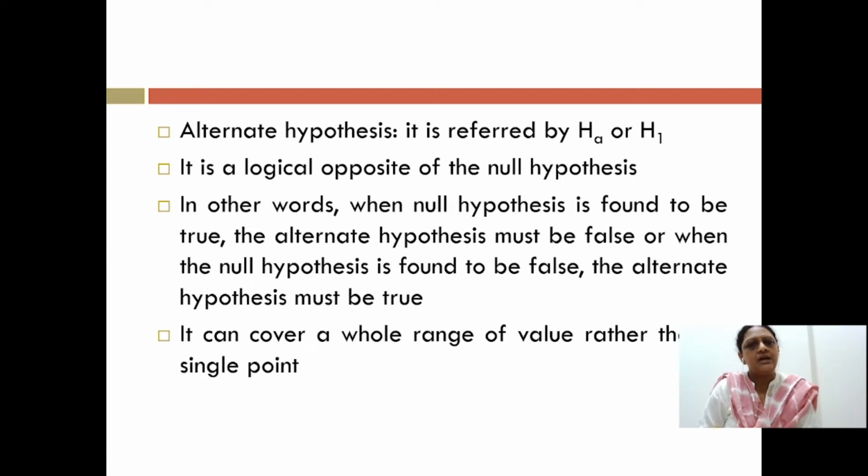That sales may increase because of the promotion campaign or sales may decrease because of the promotion campaign. In other words, when the null hypothesis is found to be true, the alternate hypothesis must be false, or when the null hypothesis is found to be false, the alternate hypothesis must be true. So they are exactly opposite of each other. It can cover a whole range of values rather than a single point.